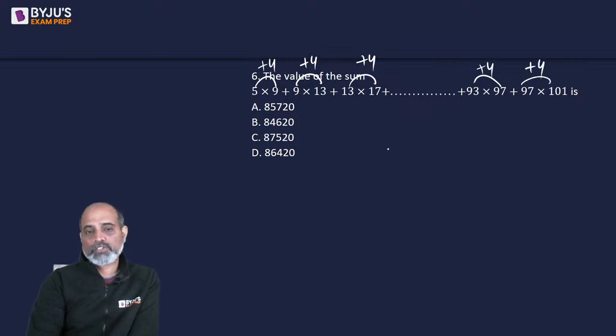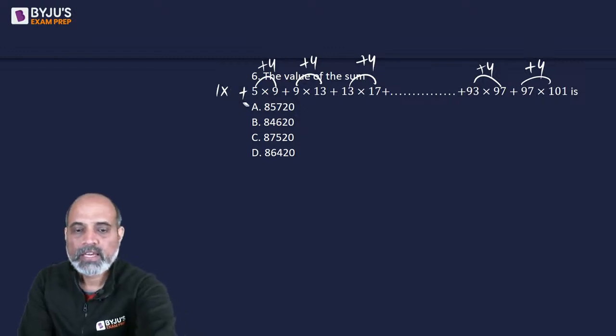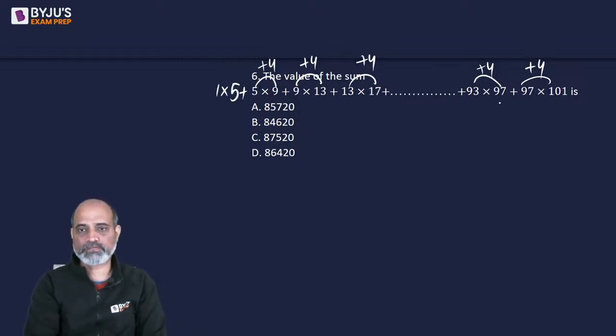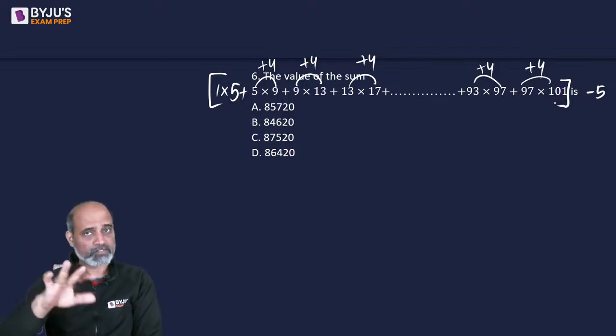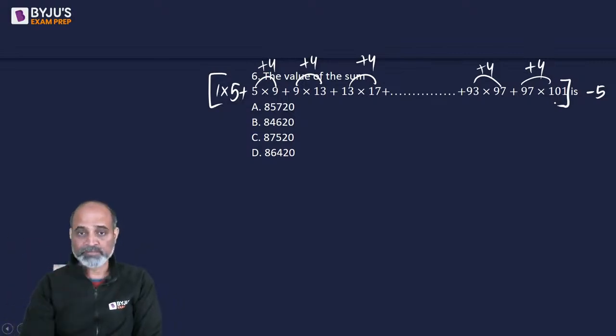So what I will do is add one more term, 1 into 5, and then subtract 5 finally. Because it's now going to be easier to find the sum of this particular expression. Starting from 5 onwards, it would have been a little more calculative. So whatever answer we get, we are going to subtract 5 from there.